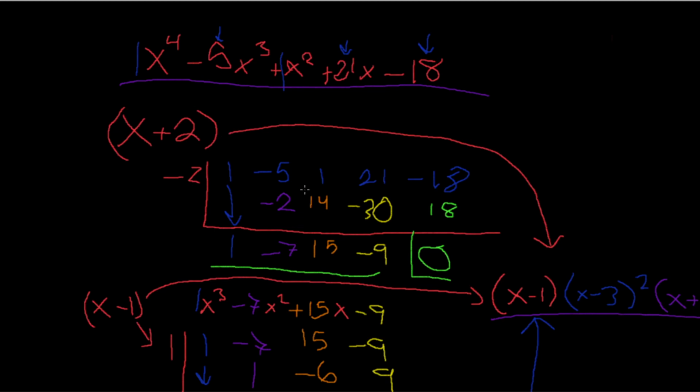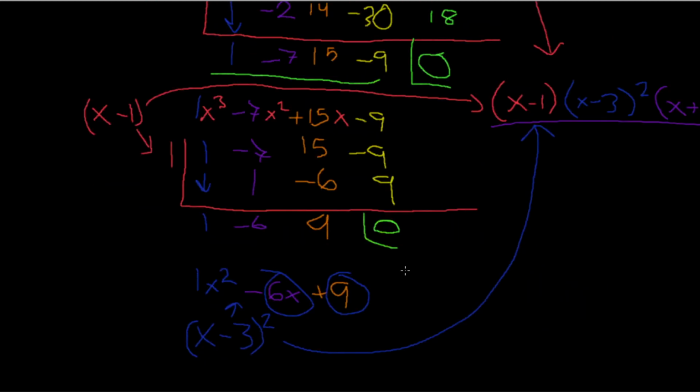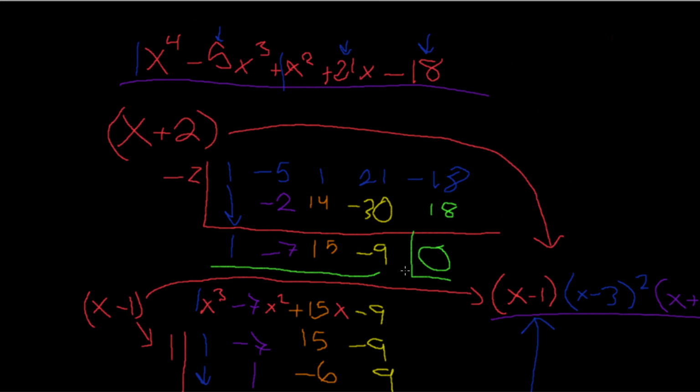Other than that, synthetic division: drop the first one, multiply, bring back up, add, drop, multiply, add, drop, multiply. It's just the same thing over and over again. And that is how you factor a polynomial.